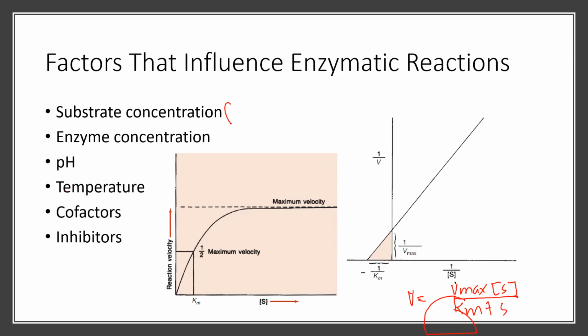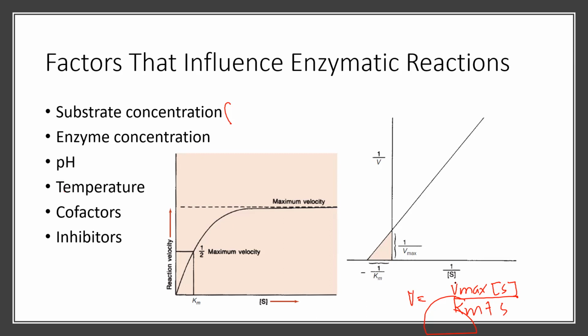Another factor that influences the enzymatic reaction is pH. pH is an optimum factor that influences our enzymatic reaction. Why? Enzymes are proteins, right? Enzymes are proteins. They carry what? Molecular charges.